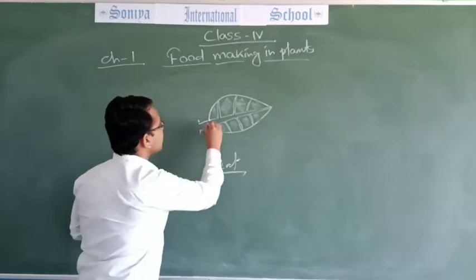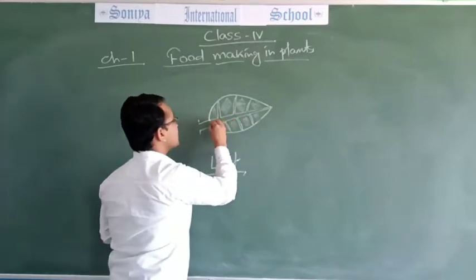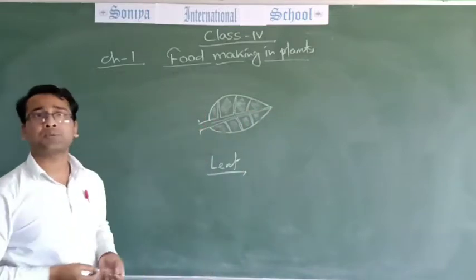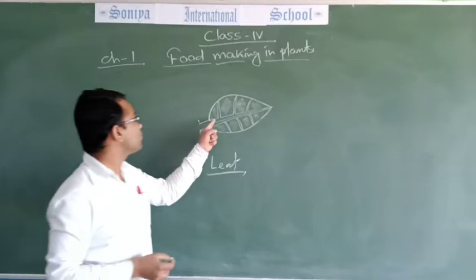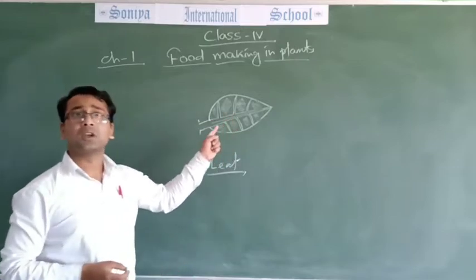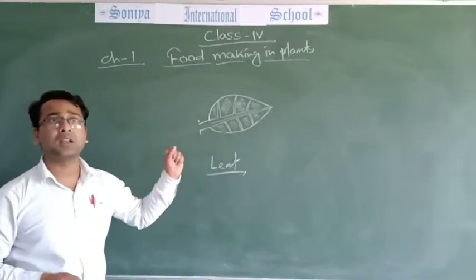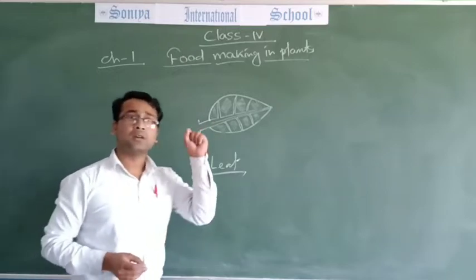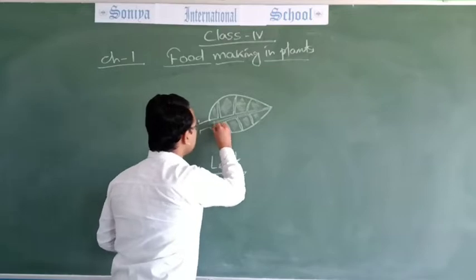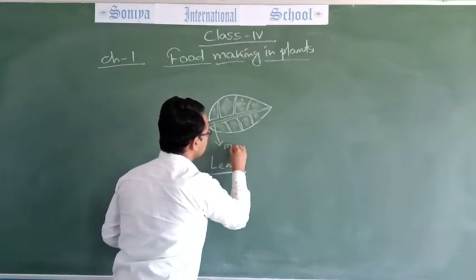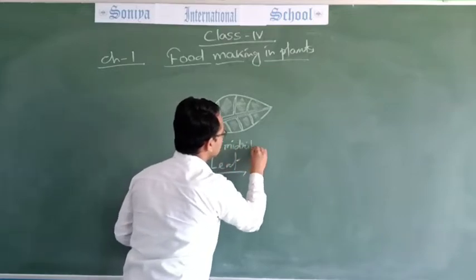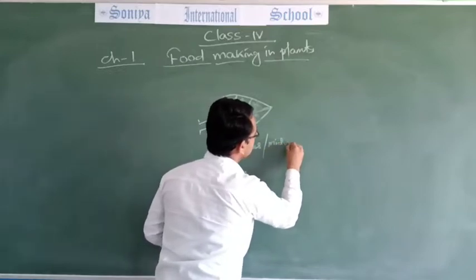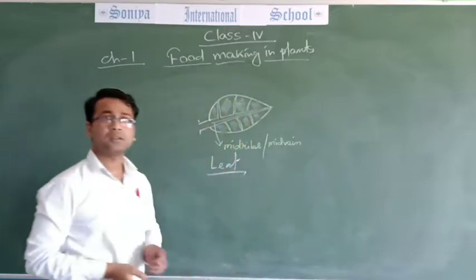Here is the mid portion of the leaf. That is one type of tube, called midrib or midvein. Is that clear?